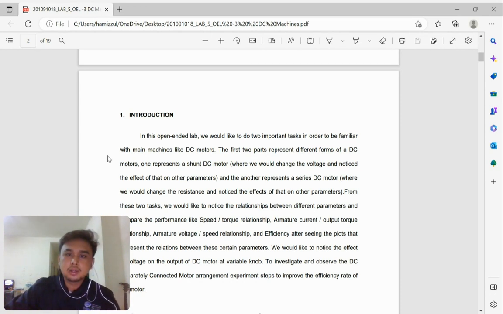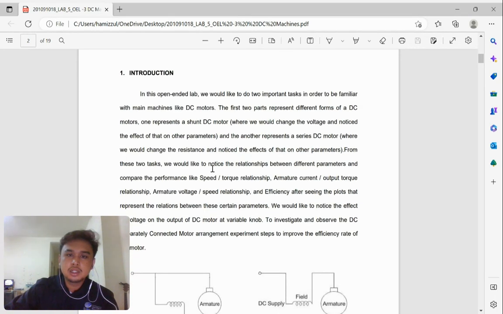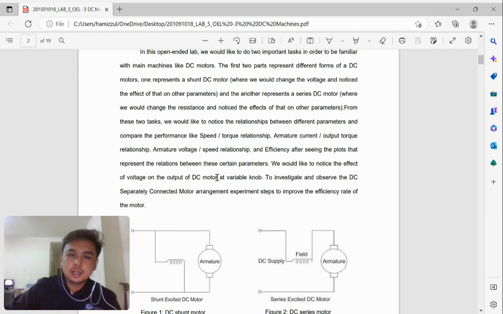The first two parts are represented in different forms: shunt DC motor and series DC motor. Other than that, we investigate and observe the separately connected DC motor arrangement experiment steps to improve the efficiency rate of the motor.